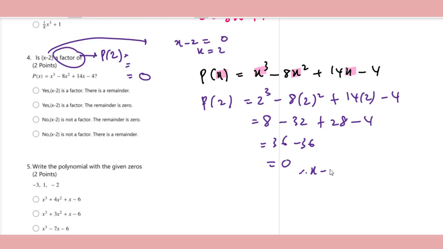Therefore x minus 2 is a factor. The remainder is equal to 0. The answer is yes, x minus 2 is a factor. There is no remainder, so this is more perfect.